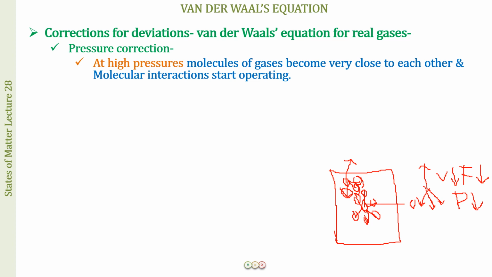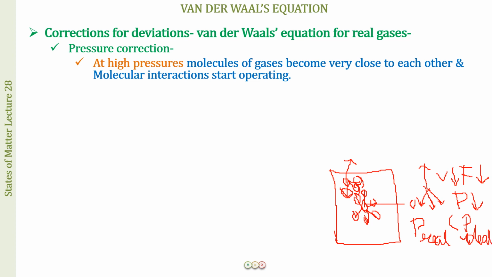Fine. So what we will be seeing is that the pressure of the real gas is going to be less than that of the ideal gas because of this inward attractive force experienced by the gas molecules just striking the wall of the container.